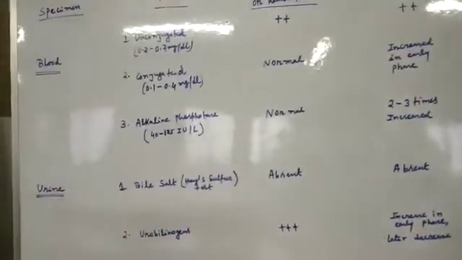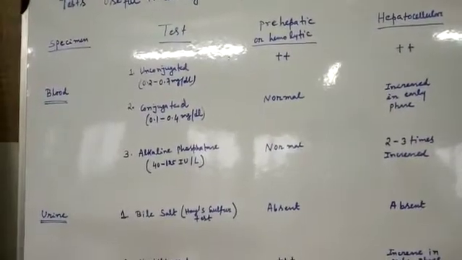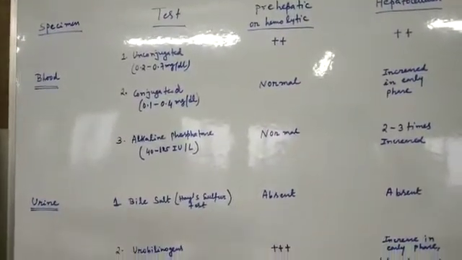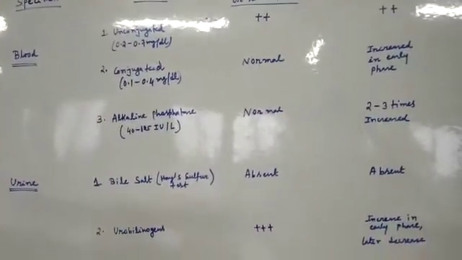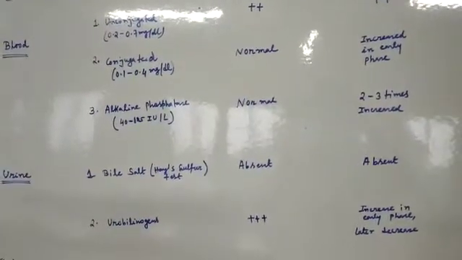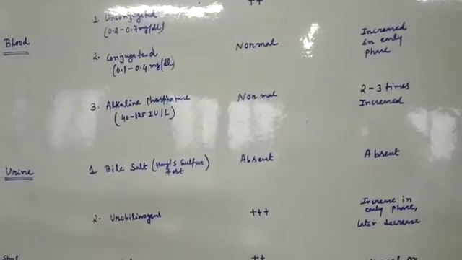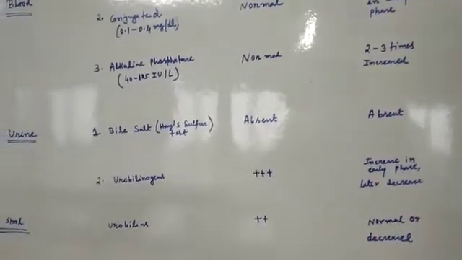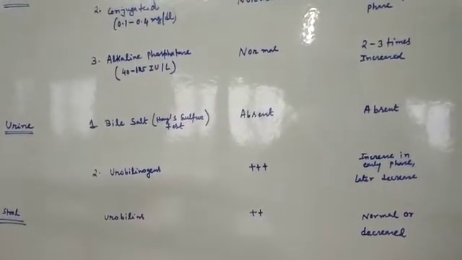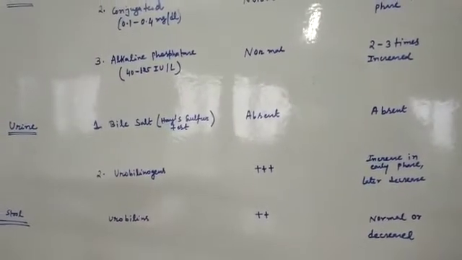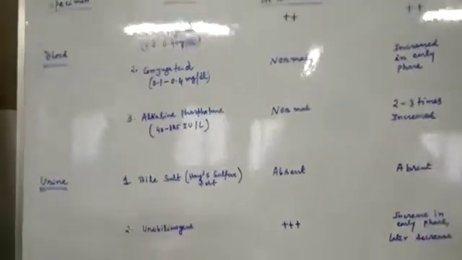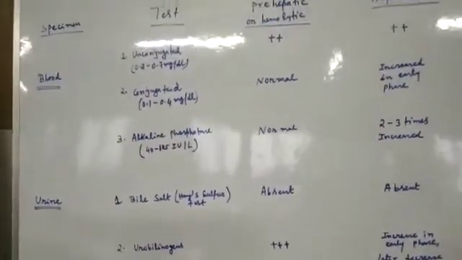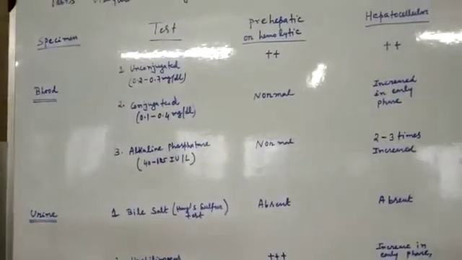And in case of urine in prehepatic or hemolytic jaundice, bile salt will be absent, urobilinogen will be strongly positive or strongly present, and in case of stool, urobilin will also be present. So these are the blood, urine and stool picture of prehepatic or hemolytic jaundice.